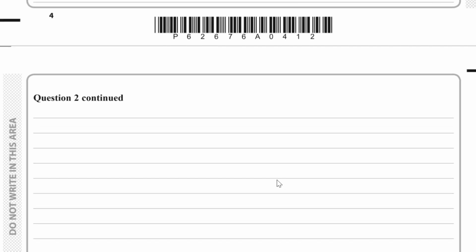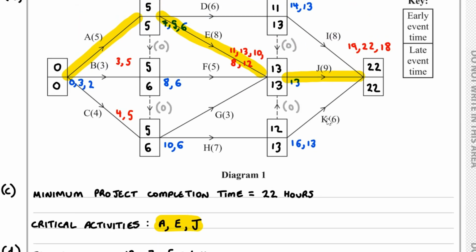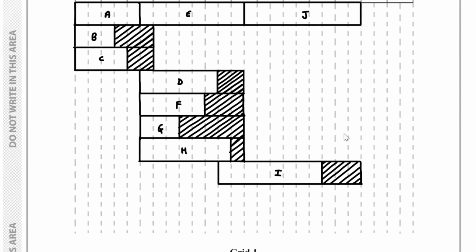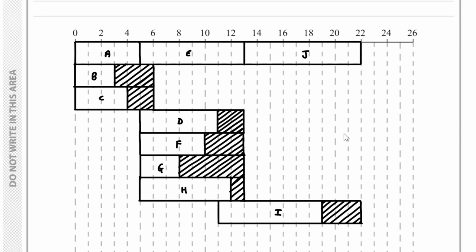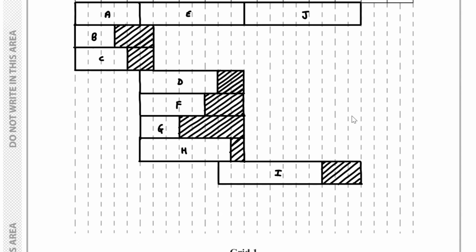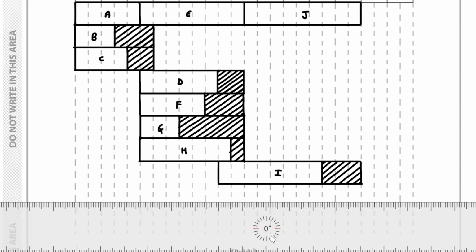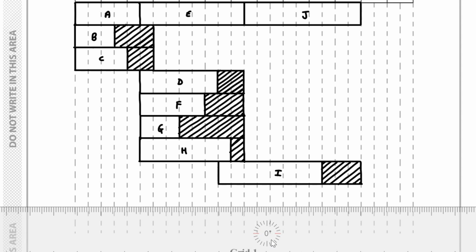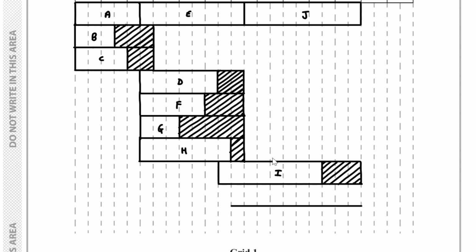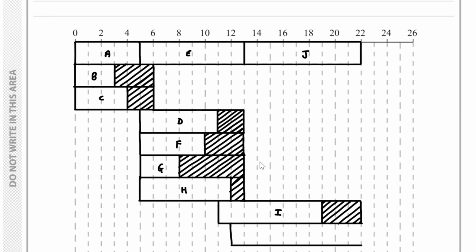And now let's take a look at K. K starts at 12 and has duration 6. Okay, so if we add this in, we have over here, starting over here, ending over here somewhere. So here is K, and it's got a duration of 6, so that takes us up to 18.